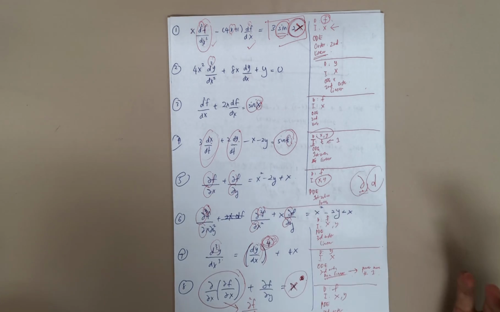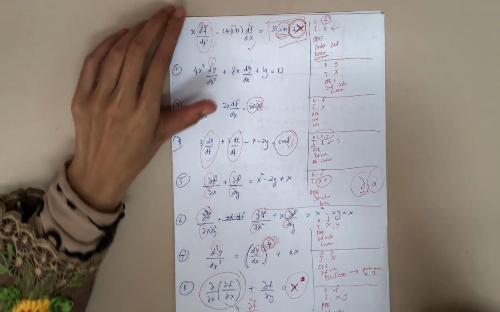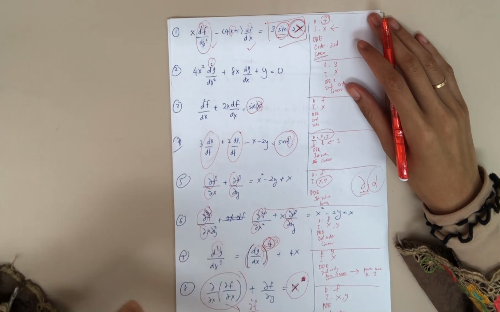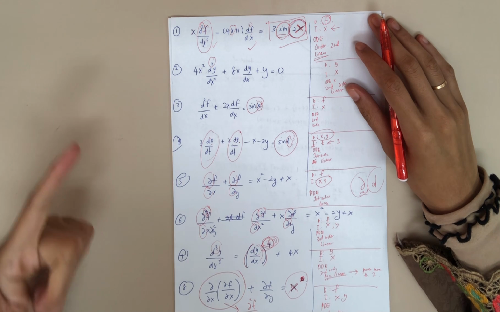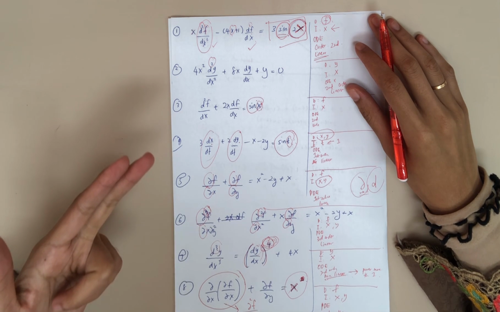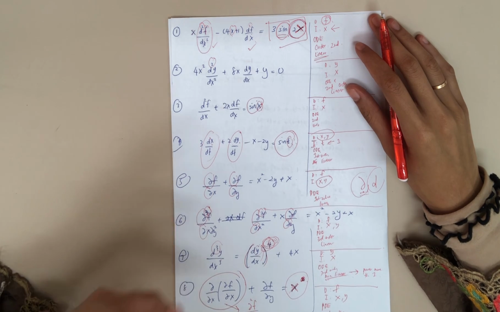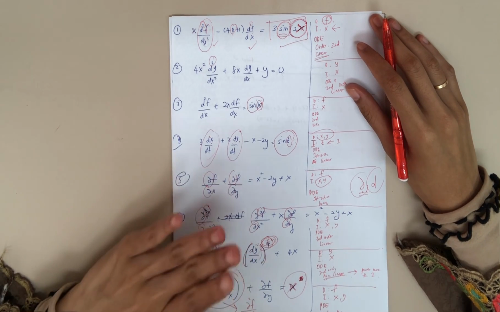Alright class, so this is the example on how we identify the dependent variable, independent variable, and then the type, whether it's ODE or PDE, and then the order and also the linearity.